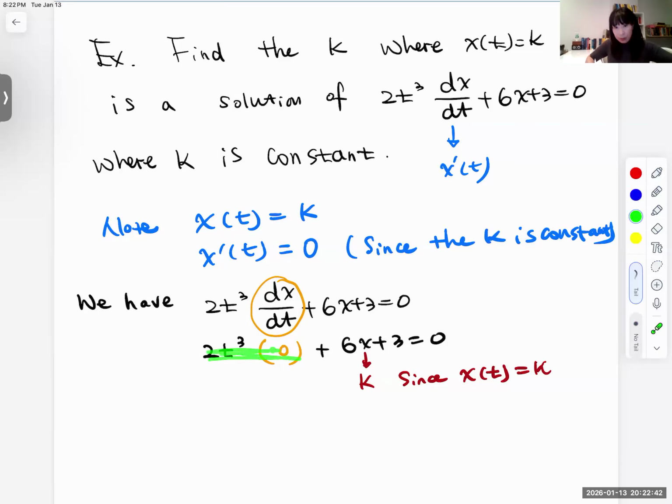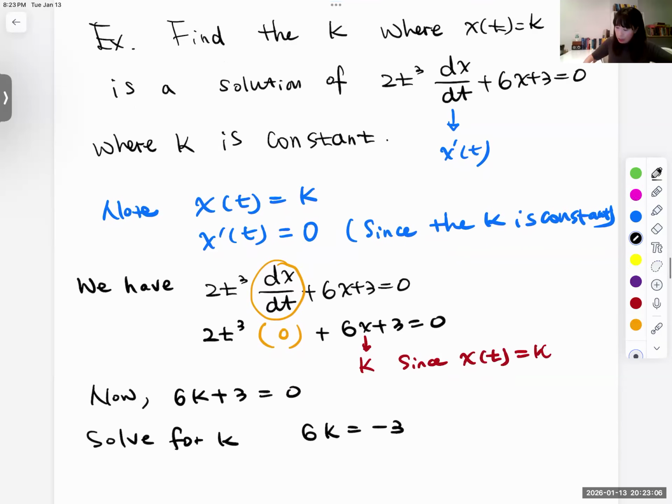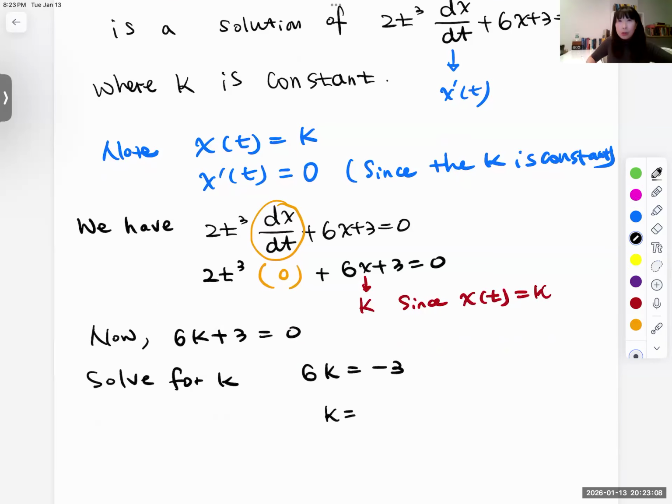So this is a 0. We have 6k plus 3. Now we can solve for k. Easy, right? So now 6k plus 3 equal to 0. So we have 6k equal to negative 3, which is k equal to, what do you get? Negative 1/2. Very good.